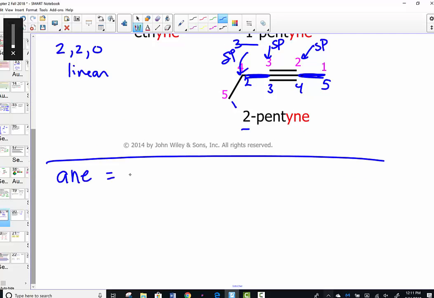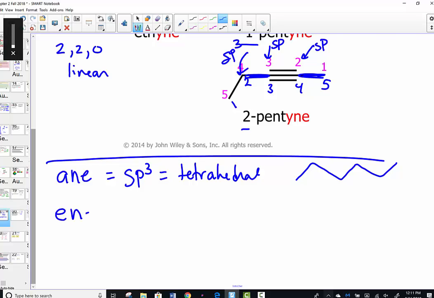ANE, we know that's sp3 hybridized. We know that's tetrahedral. That means when I start drawing structures, we see chains that go up, down to show the 109-degree tetrahedral angle. When we have an ENE, we know that means double bond. We know that means sp2 hybridization.